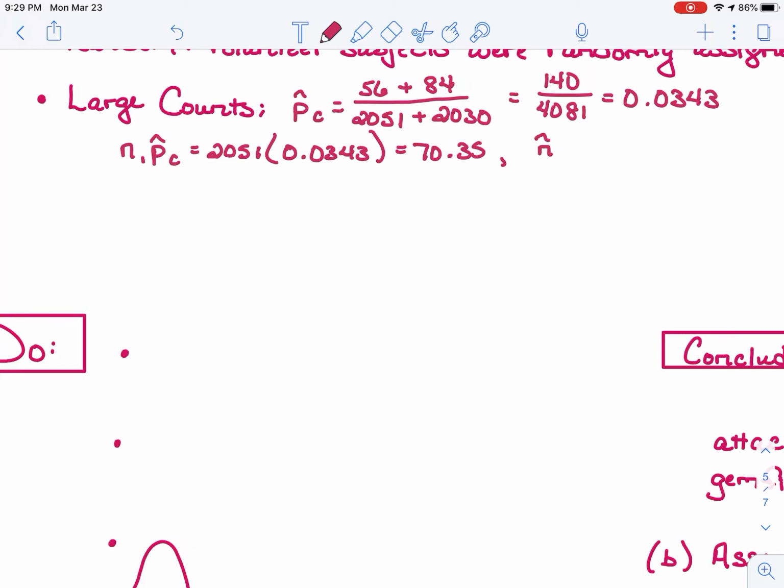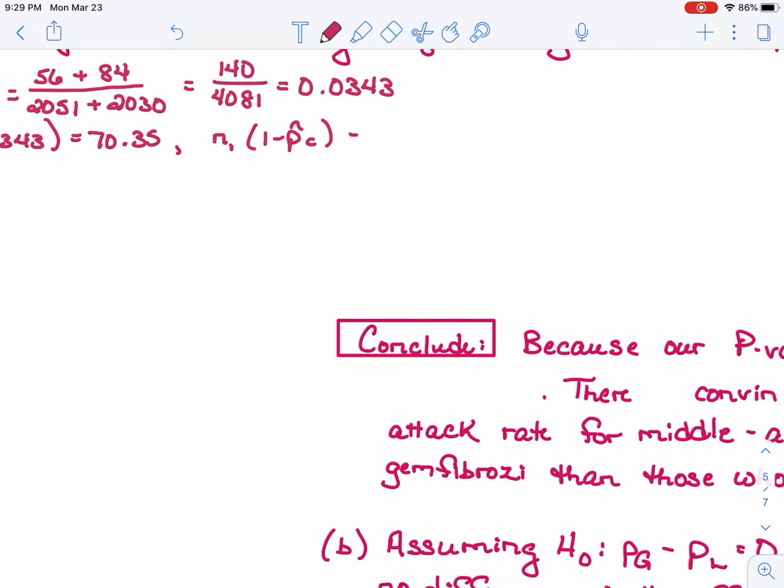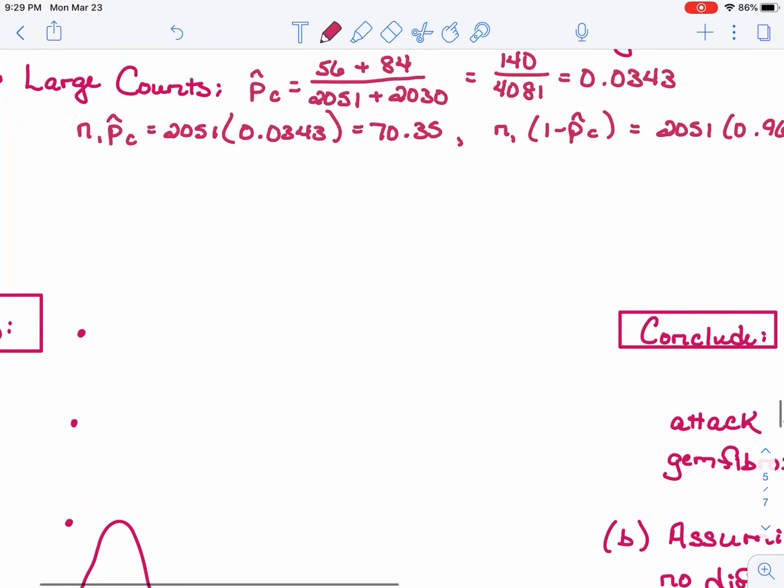I'm going to also check the complement. That's not what I meant to write. What do I get? 198,065. And then the same with my second sample.